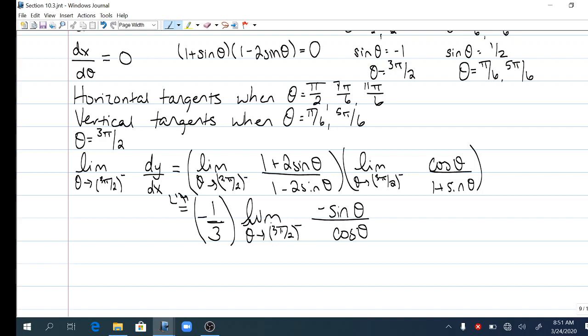So if I approach 3 pi over 2 from the left of negative tangent theta, we'll factor out the negative to make it a positive 1/3. So we have 1/3 times the limit as theta approaches 3 pi over 2 from the left of tangent theta. This would be infinite.